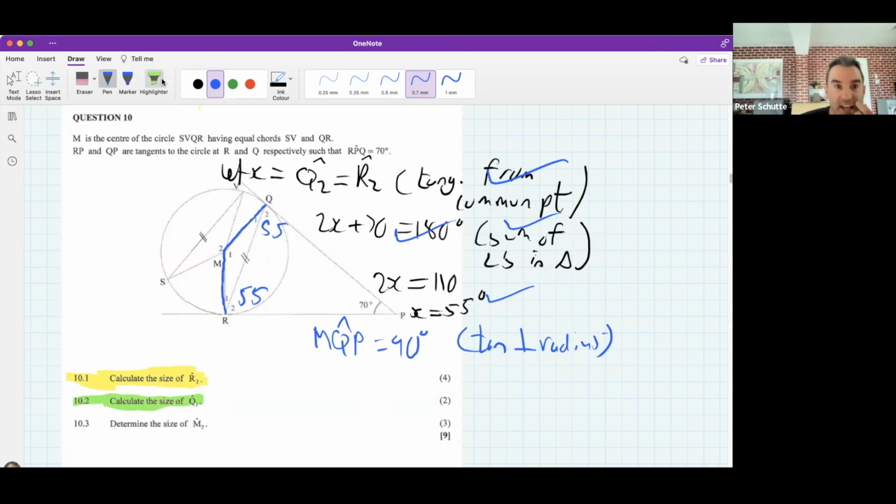Okay, so the shorthand name for that is just tan perpendicular to radius. And I agree that you've worked out Q2 already. Q2 was 55. Therefore, Q1 would just be 35 degrees because you subtract the 55 from the 90.